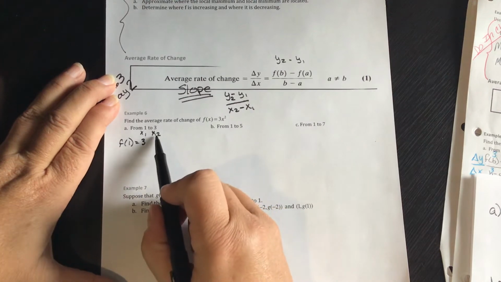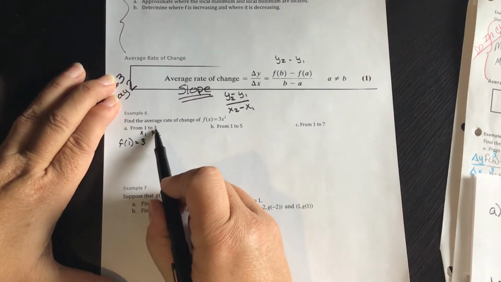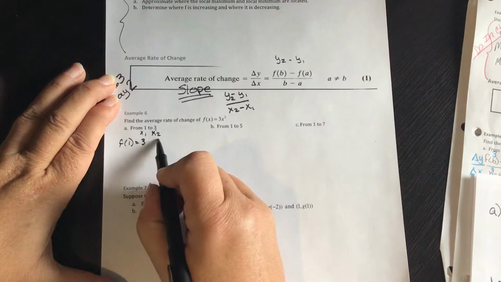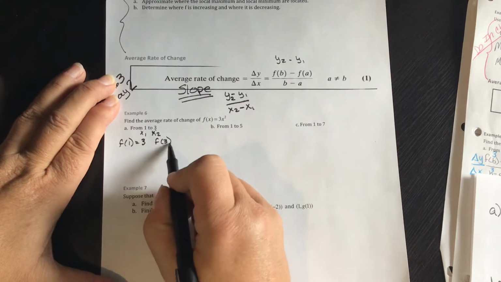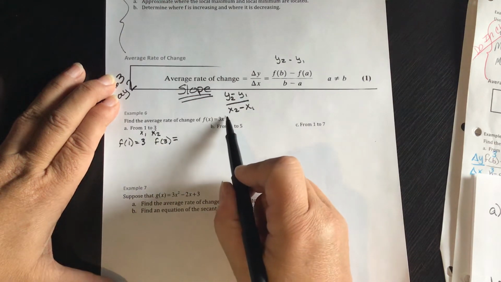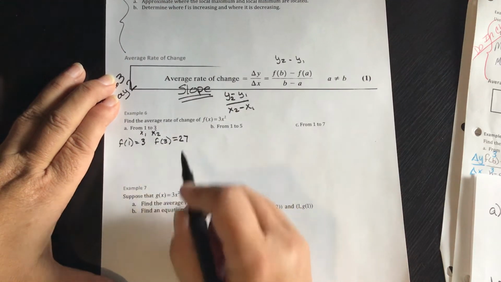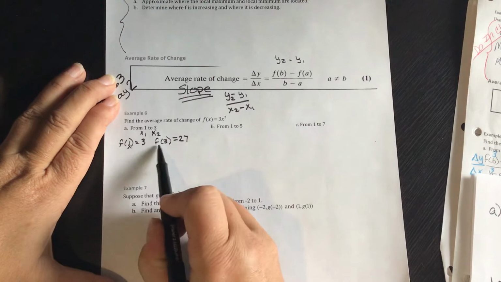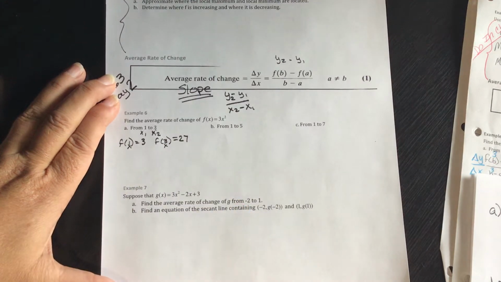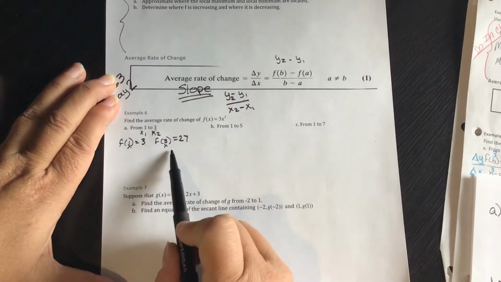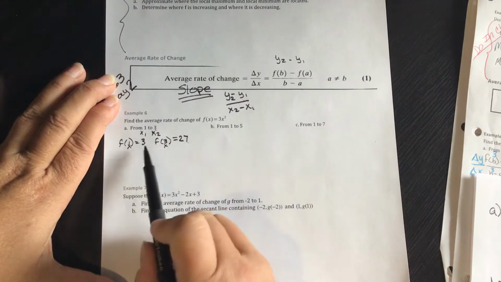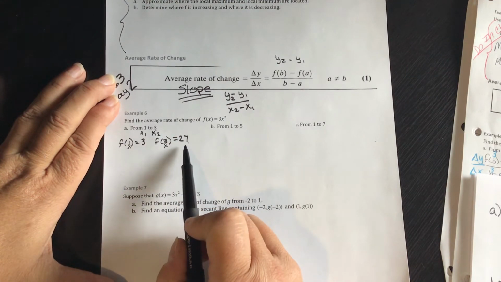If I plug in 3, f of 3 equals 3 squared is 9, times 3 is 27. The values in the parentheses are our x values, and these are the y values associated with them.